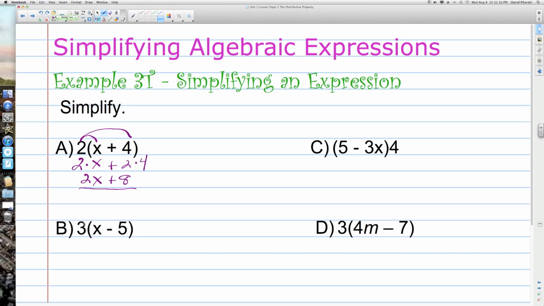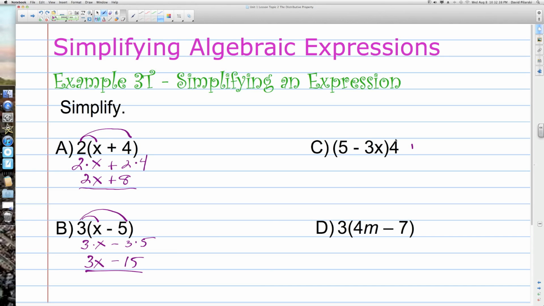Moving into example B, we have to distribute the 3 to the x to give us 3 times x. And 3 times 5, separate them with a subtraction sign. 3 times x simplifies to just 3x, and 3 times 5 simplifies to 15, so 3x minus 15.